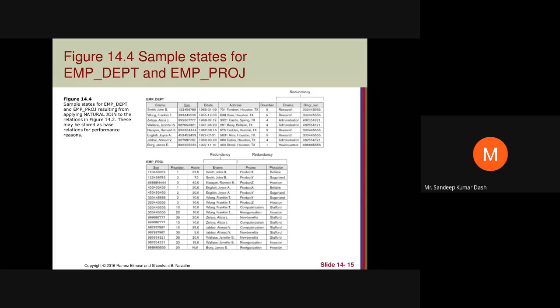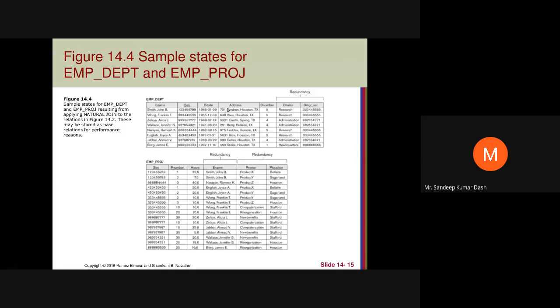Department number 5 has the name research and the manager ID is 333445555. So that is getting repeated in 4 rows. Instead of that, if you remove these 2 attributes from the relation, then also it will be fine.